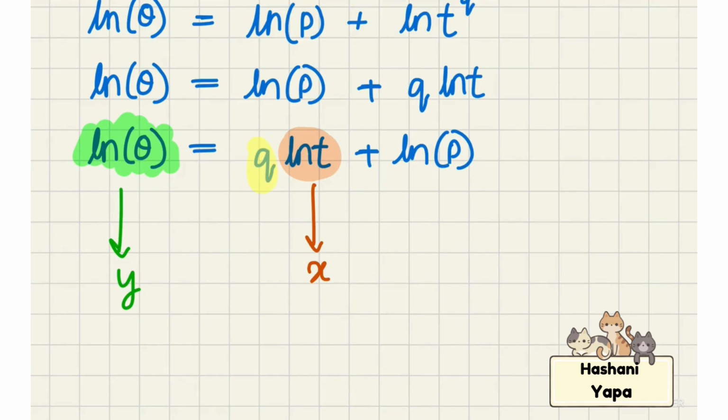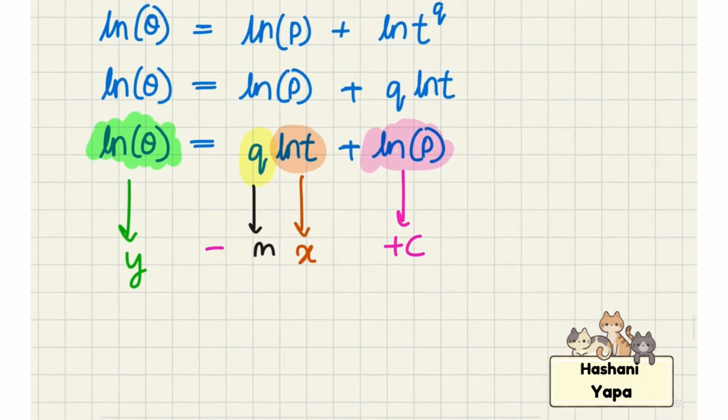Then we can have this as the gradient m, and this is the intercept, ln p, plus c. You can see that it is a straight line now: y equals mx plus c.